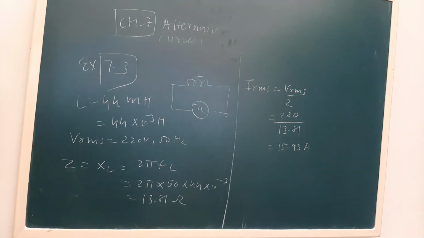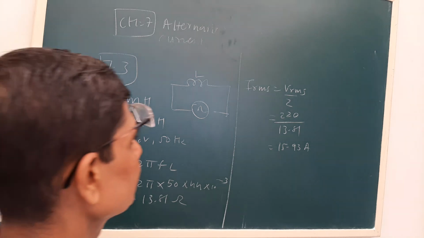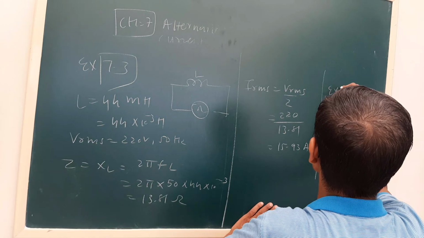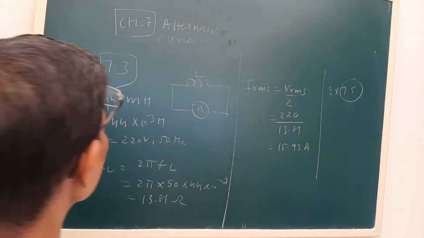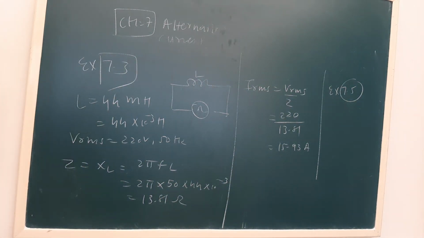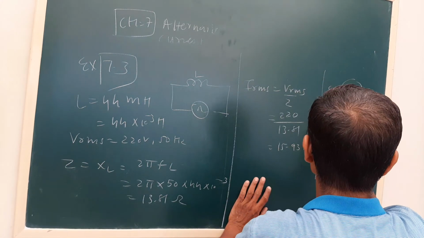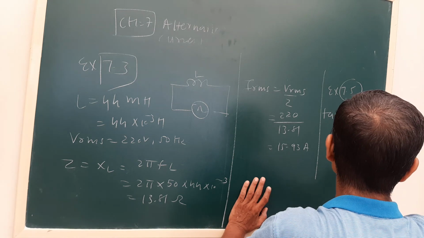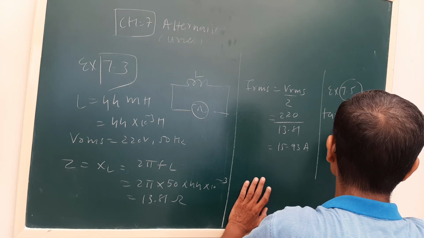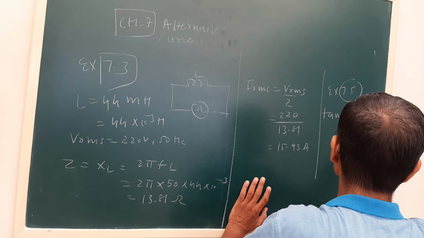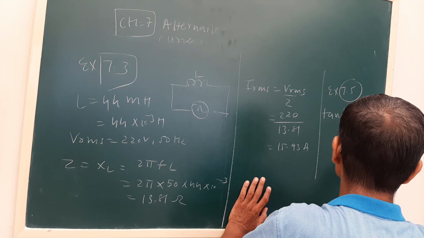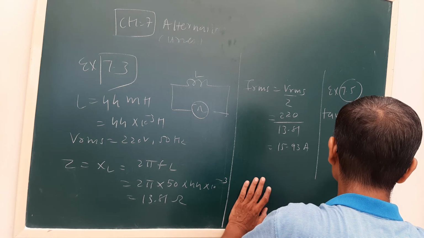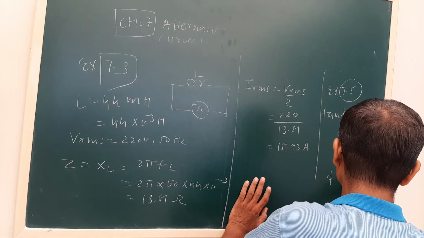Now see our next example, that is 7.5, which is related to this sum. They ask what is the power in the circuit with only an inductor. See the relation, tan phi is XL by R. Here XC is 0, R is 0, so tan phi is infinite, phi is pi by 2.